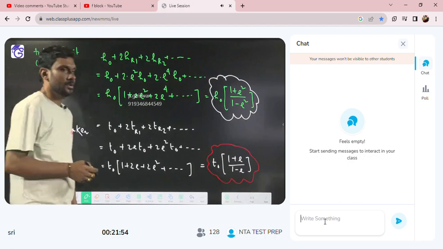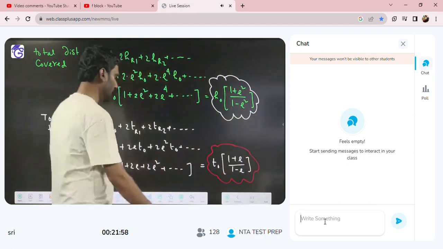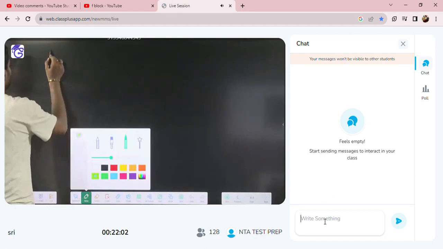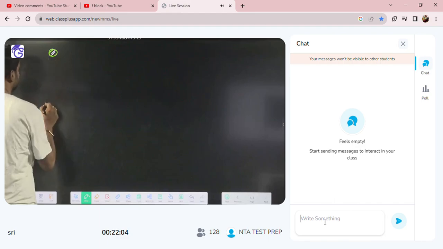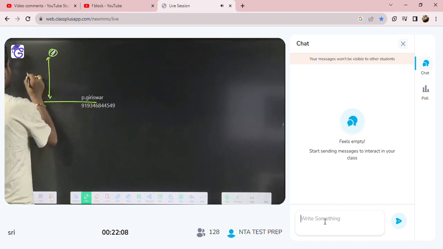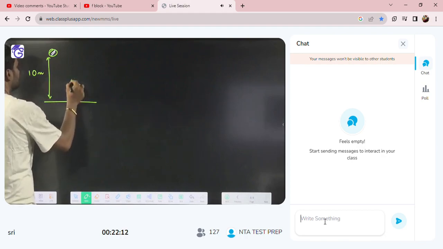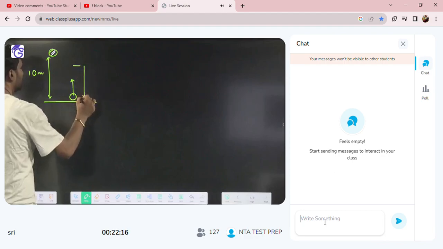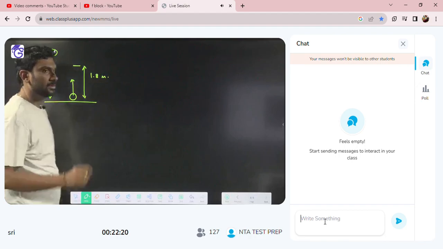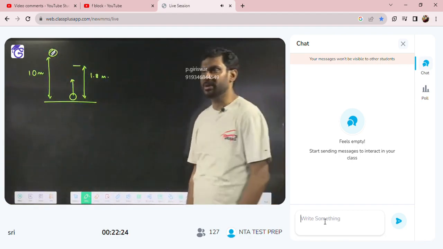Okay. So we'll solve one question now and then we'll wrap up. Let's say a ball is falling from a height of 10 meter and then rebounds to a height of 1.8 meter.